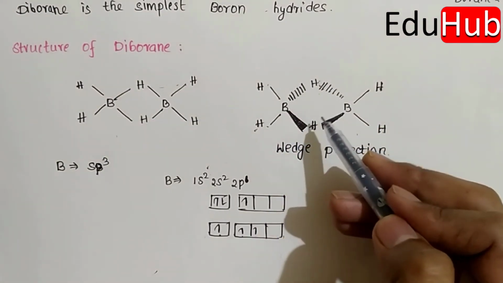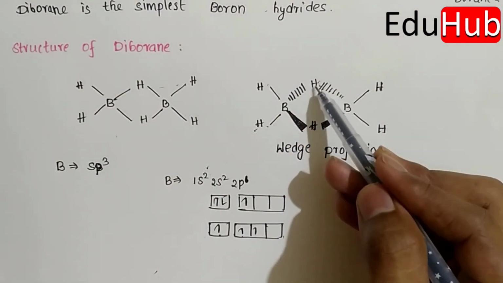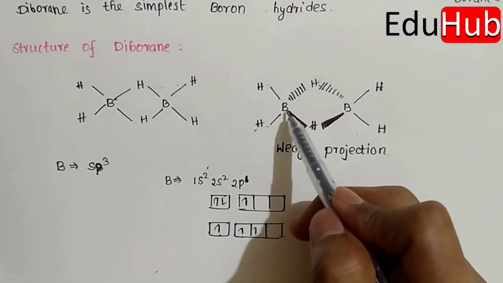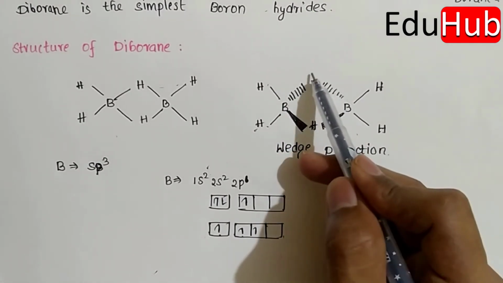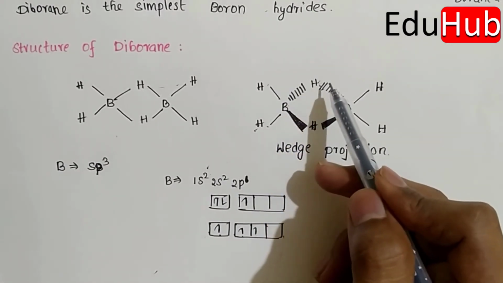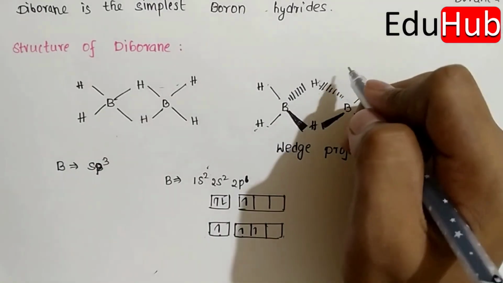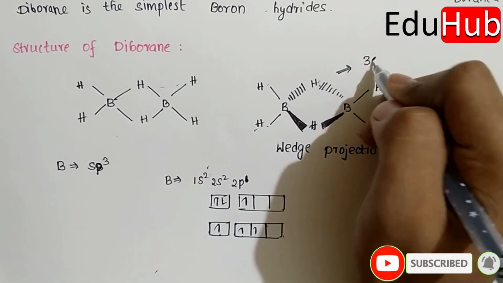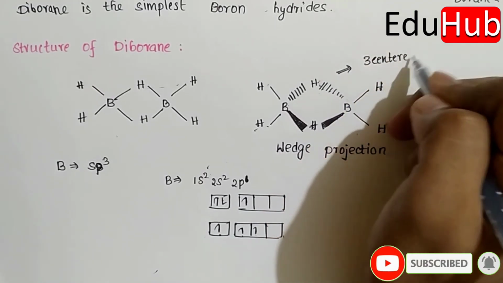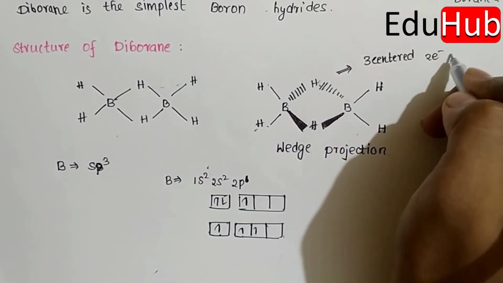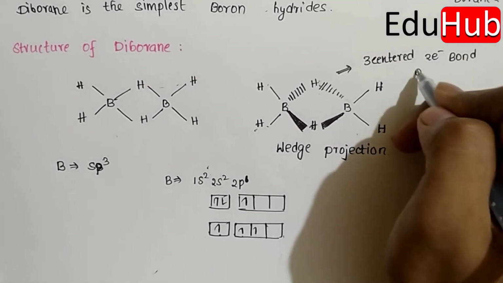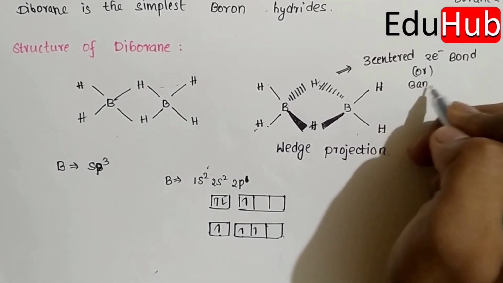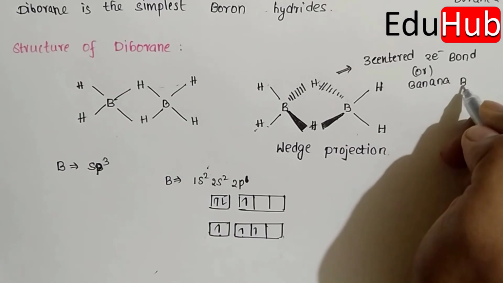These 2 hydrogen atoms are also called bridge atoms and this bond is known as a 3-centered 2-electron bond or banana bond. Let me write it here. Or banana bond.